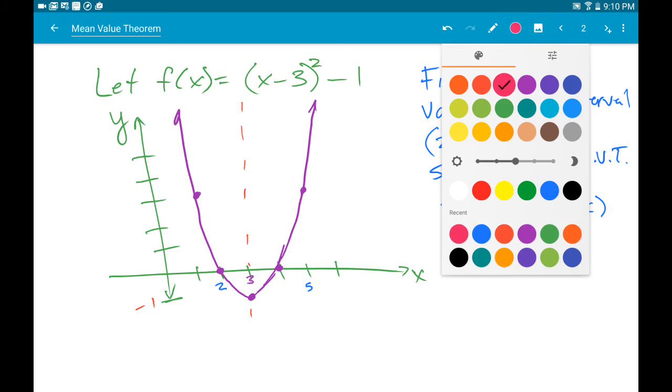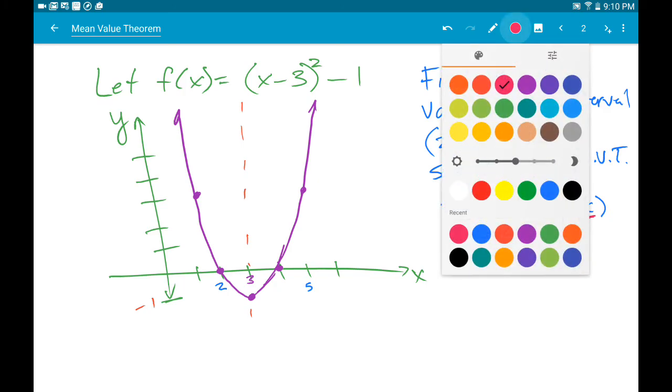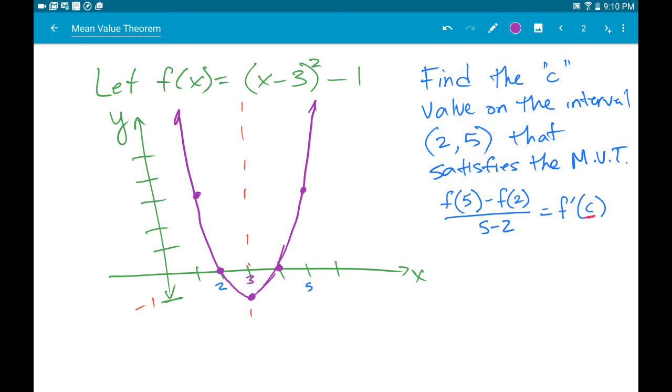It's our job to find the c value that makes this statement true.